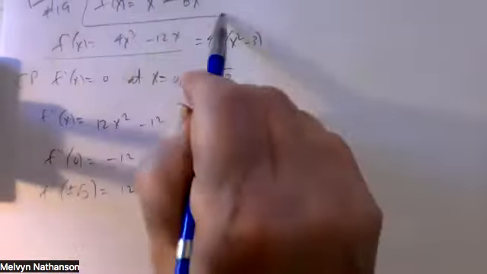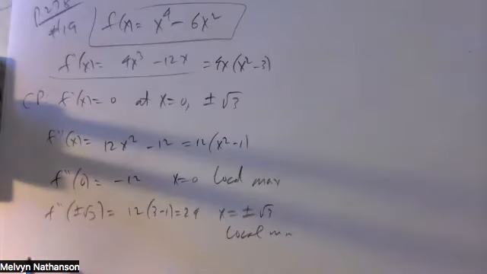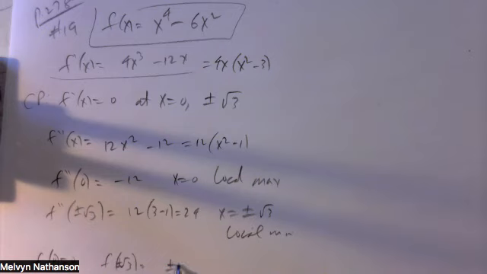And what's the value of the function at these points? This is f of x. So f of 0, of course, is 0. F of plus or minus root 3 is going to be root 3 to the 4th minus 6 times root 3 squared.